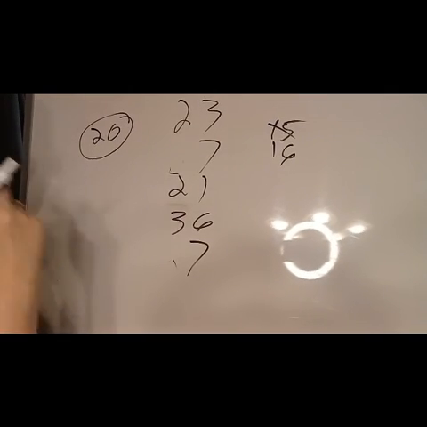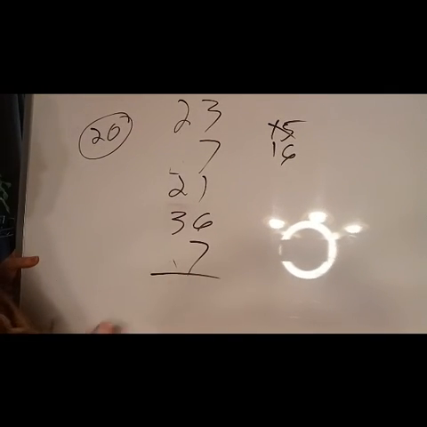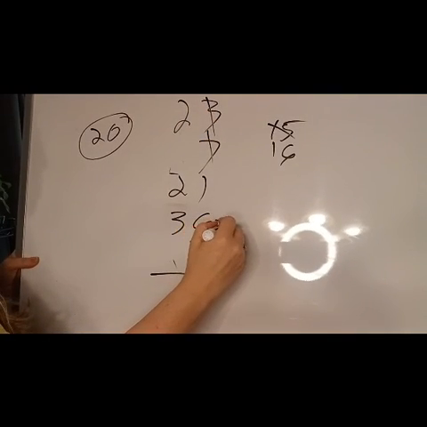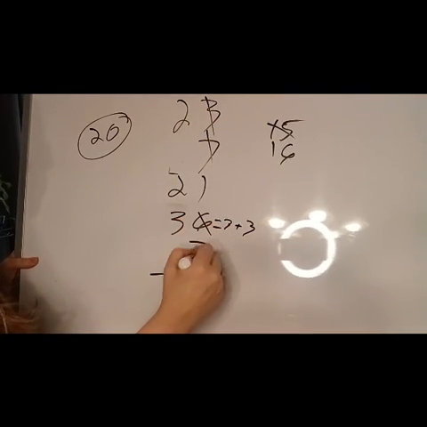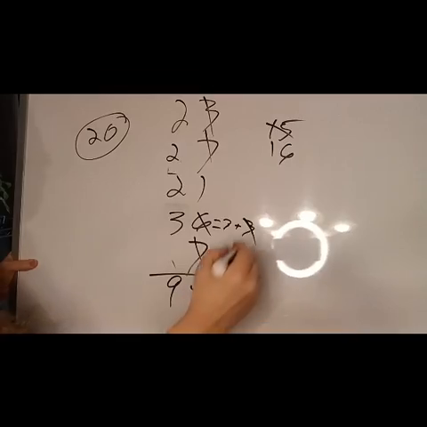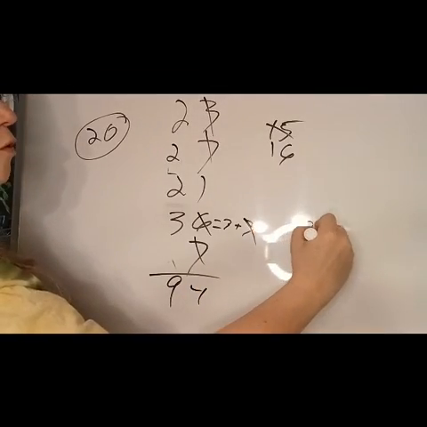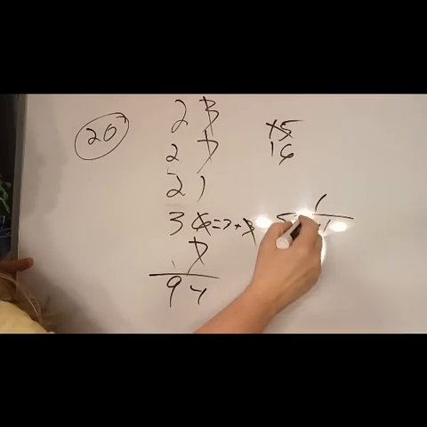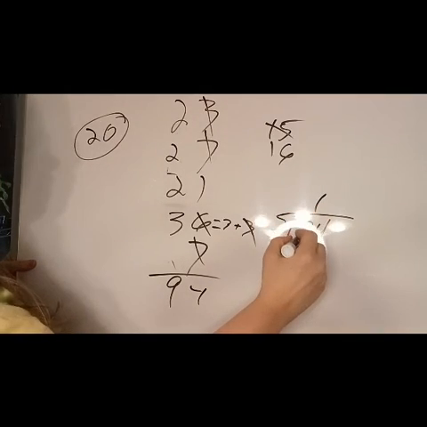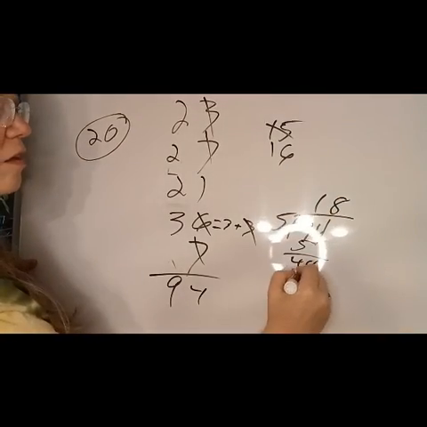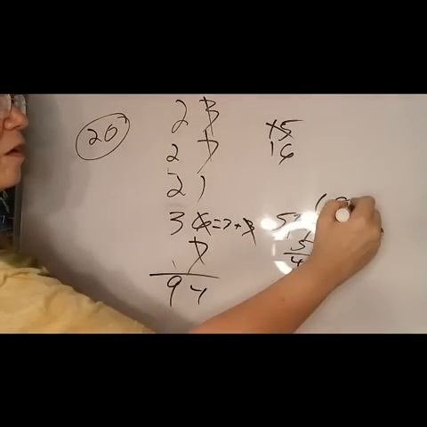All right. So let's see what we have left. We've got 10. We've got 24. So we've got 94. 94 divided by 5 is 18.8.